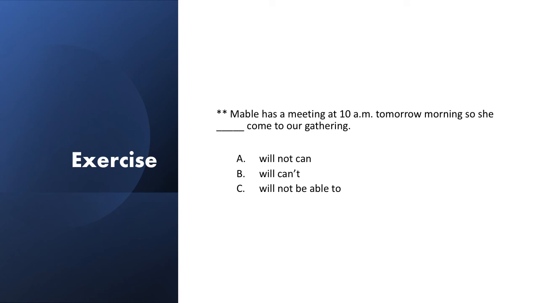So here we are talking about the ability or availability of Mabel. So Mabel is not able to come to the gathering because of a meeting. Here, you are tested on the negative form of the modal verb, talking about availability. Let's take a look at the 3 options.